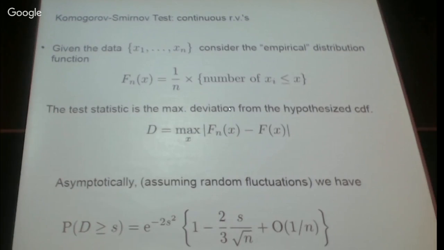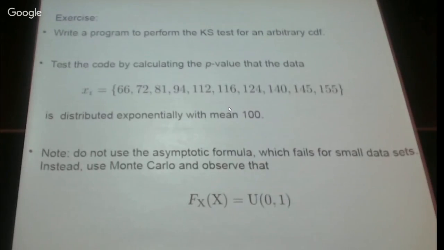However, that's a good question, and one which I illustrated with an exercise for you guys. I'm asking you to write a program to do exactly what we just talked about and calculate this test statistic D. I give you some sample data, and the hypothesis is that the data is exponentially distributed with mean 100.